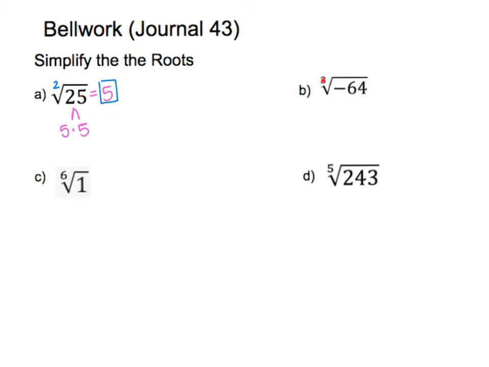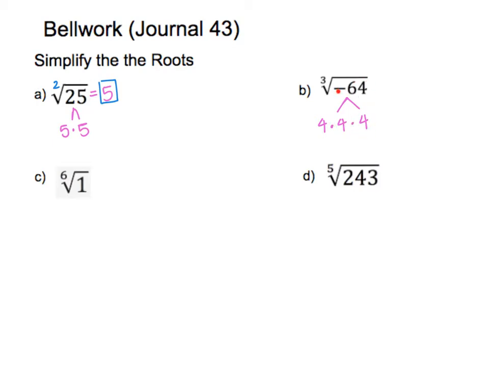Whereas this one, it's asking you what number multiplied by itself 3 times gives you negative 64. You can use the calculator to figure this out, or just guess and check. 4 times 4 times 4, 4 times 4 is 16, and 16 times 4 gives you 64.